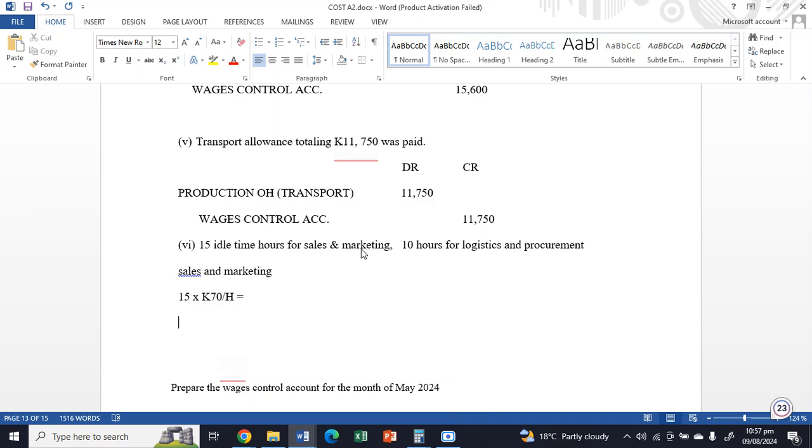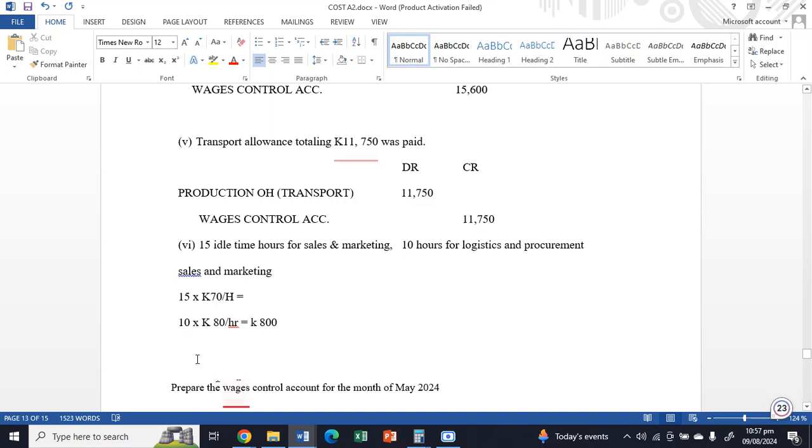And for logistics, it's 10 times the wage rate of 80 kwacha per hour, so 800 kwacha.